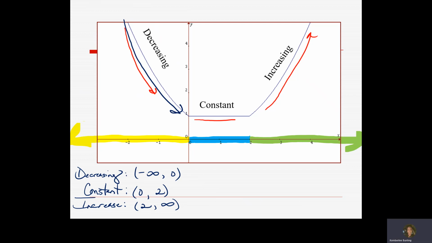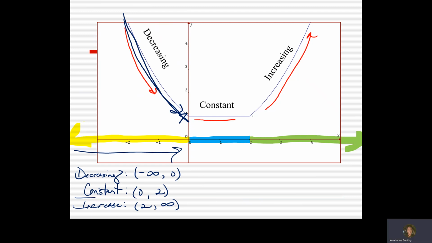The function is the curve, the lines on the graph. The value of the function. As x gets bigger and bigger and bigger, what is y doing? Getting smaller, right? So between what values of x is my function decreasing?